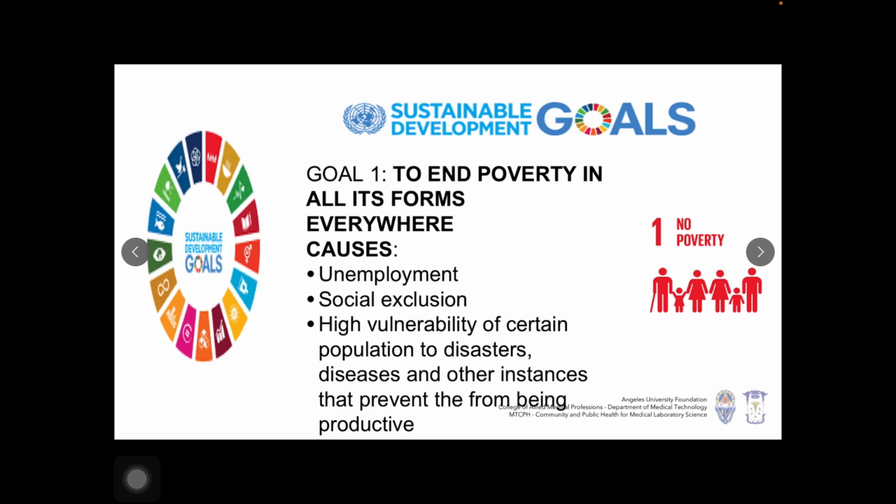About 1 billion people still live in poverty, which, according to 17goals.org, is defined as an income of less than $1.25 per day. If you convert it to peso, assuming an exchange rate of 50 pesos for a dollar, 1.25 US dollars is equivalent to 62.50 per day of income.